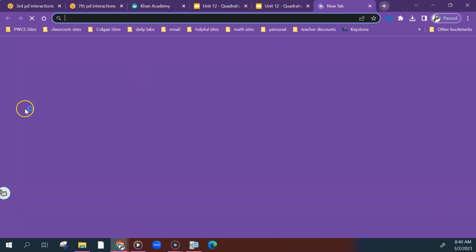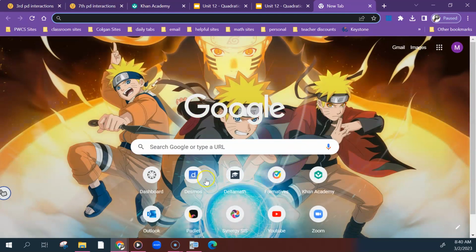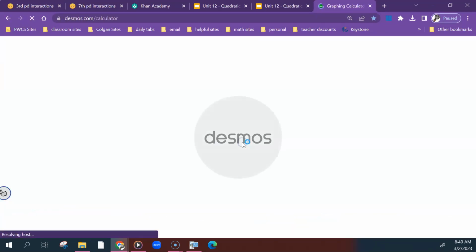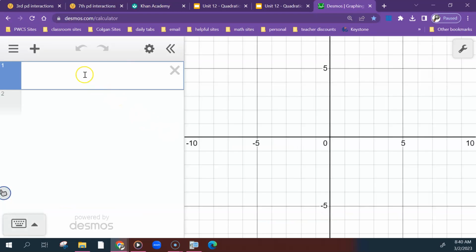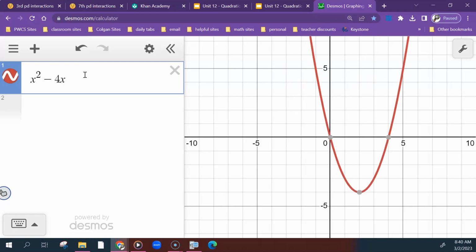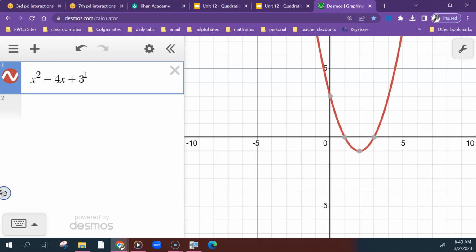So you put it in Desmos. Let me go to that one. How would you put it in Desmos? So x squared minus 4x plus 3. And then I just tapped on the line.